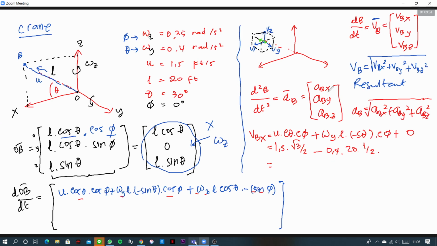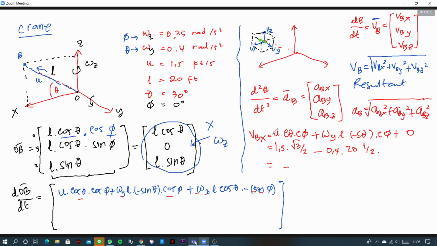If you are using the vector form like this, what is the advantage of using the vector form? There are many advantages. First, we don't care about plus minus, because if it gives you a minus, it will just be minus.